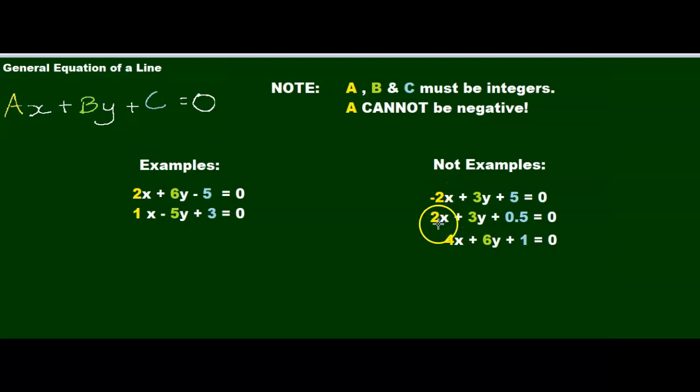Another example that's not an example would be 2x plus 3y plus 0.5. 0.5 is not an integer, so that is not the general equation of the line. If we were to multiply the entire equation by 2, however, to get 4x plus 6y plus 1 equals 0, then yes, you would get the general equation of a line.